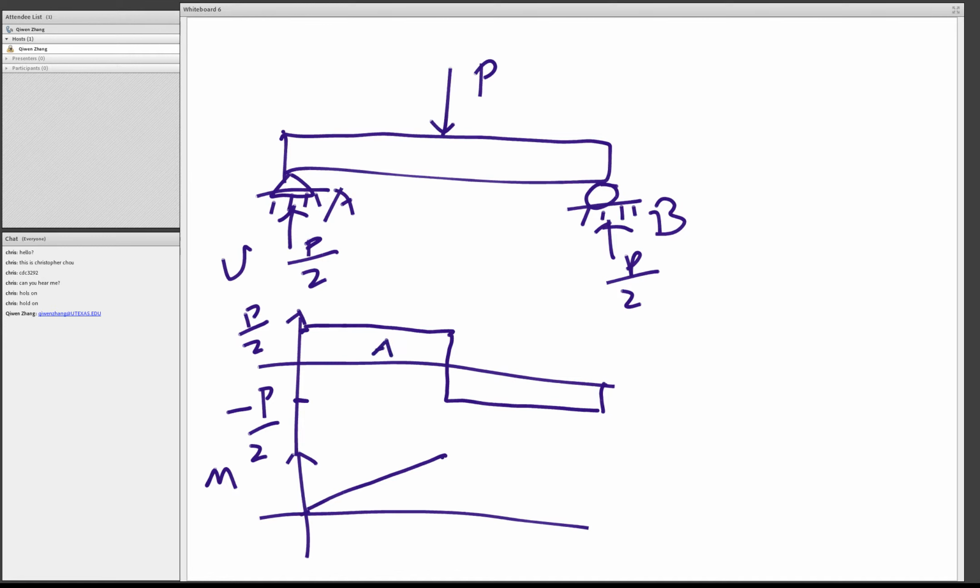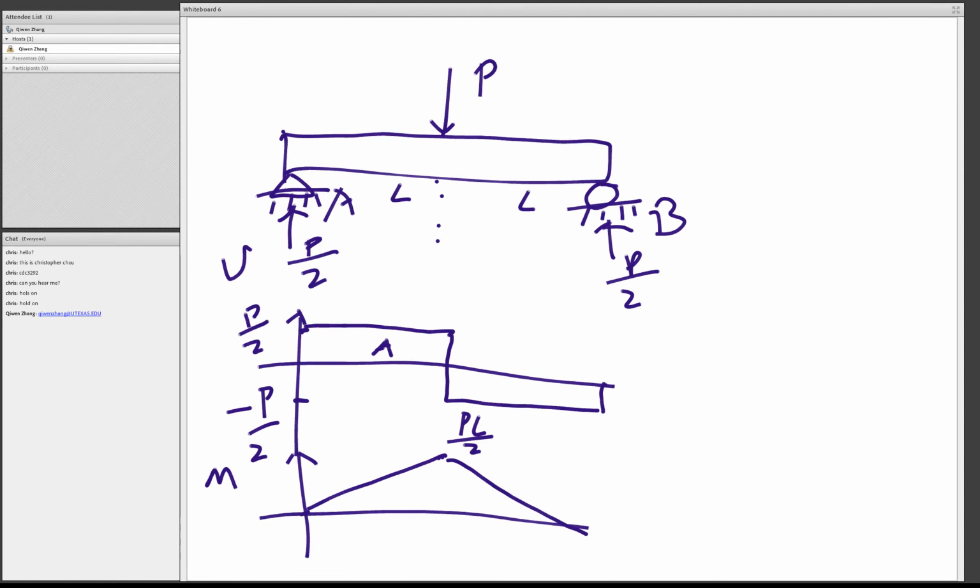So let's call this L, and this is L. So this is just PL over 2, right? So this point is PL over 2, and now after we pass the middle point, we are summing a negative area, so it becomes decreasing.